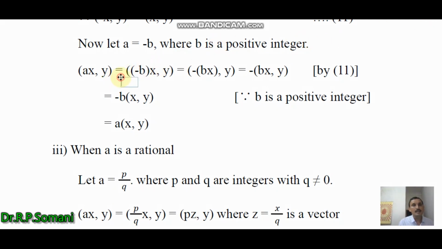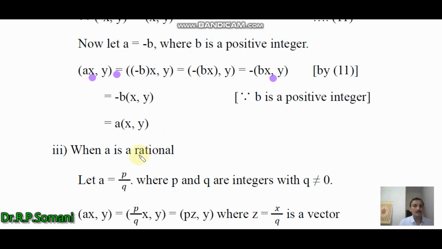Then a x comma y equal to minus b x, y equal to minus b x, y, and then using 11 we obtain this as minus b x y, and now as b is a positive integer, we can take this b outside, that is minus b xy, and the value of minus b is a, therefore this is equal to a xy. So we obtain that if a is any negative number, then we have ax, y equal to a xy.